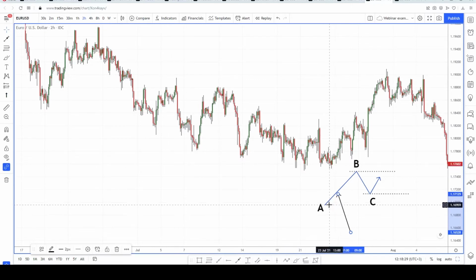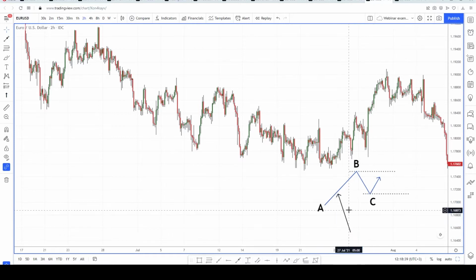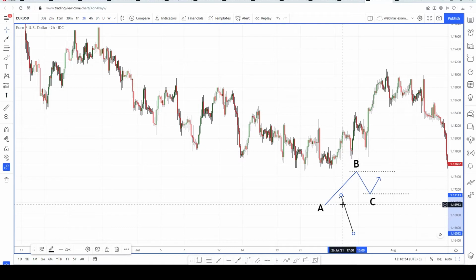So you have a directional move, and then you have a retracement, then you have a higher low, and the price starts to move higher. But everything starts with a momentum move. The price is moving from A to B, and you know that the market is gaining some traction.